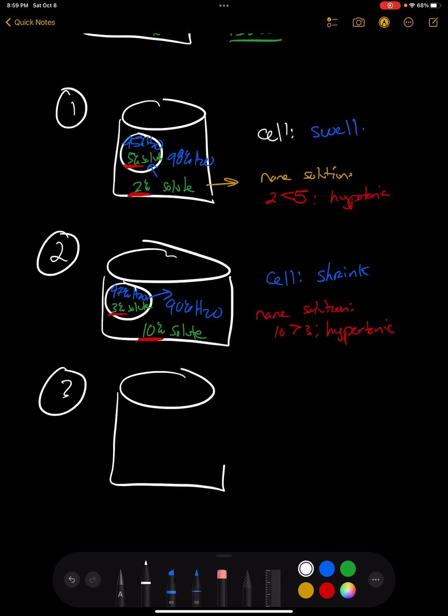Here's my solution. Here's my cell. Let's do 4% solute in here. Let's do 4% solute in here. So I have to name my solution. I am comparing 4 versus 4. So 4 equals 4, it's the same.